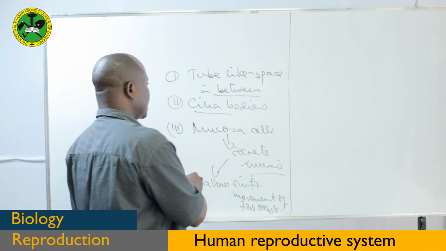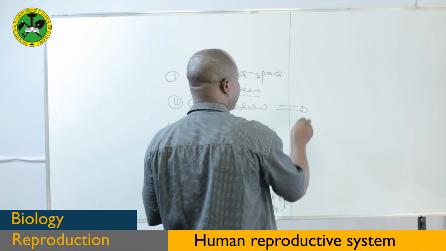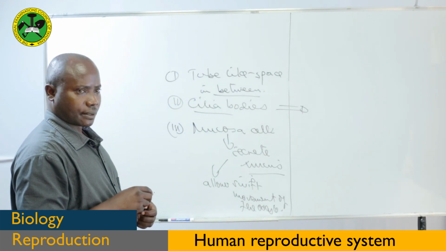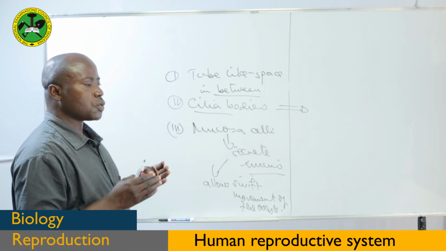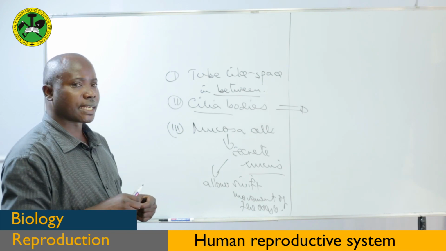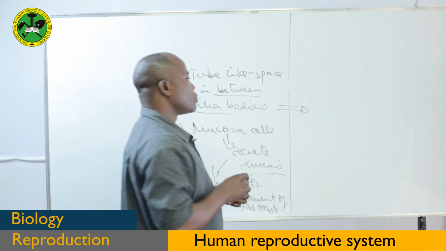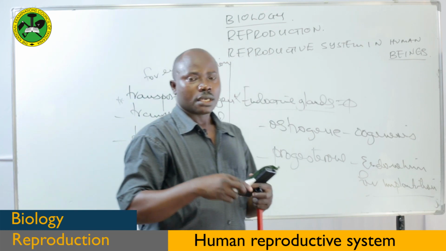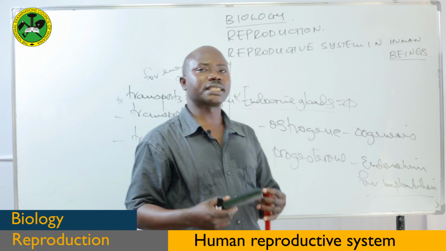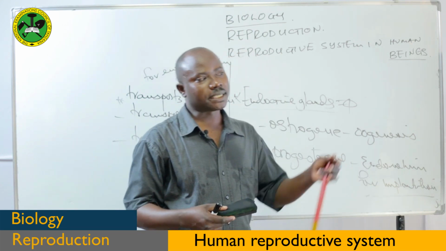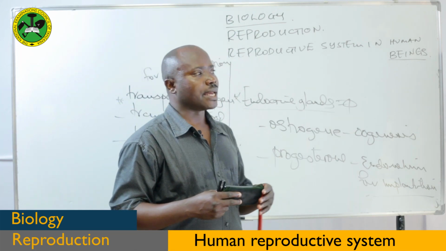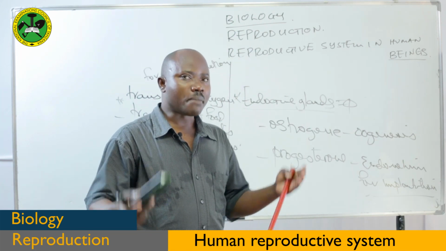Coming to cilia, their beating action allows the oocyte to be pushed forward in the course of its journey from the ovary to the uterus. Therefore, what you need to know here, my students, is that there are different questions that can arise from this area. But these are just a few to show you how you can answer and how you can get marks.